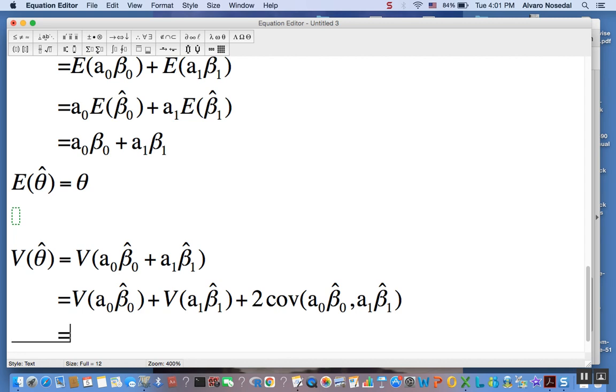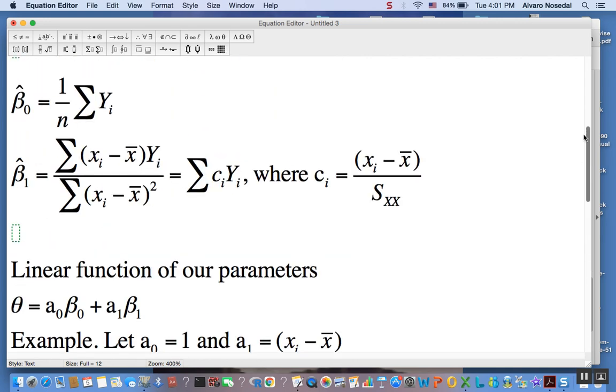And this is where we realize that it was a good idea to do this using the centered model, the one that we're considering here.